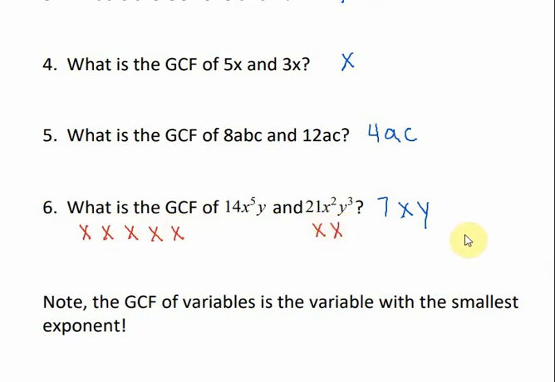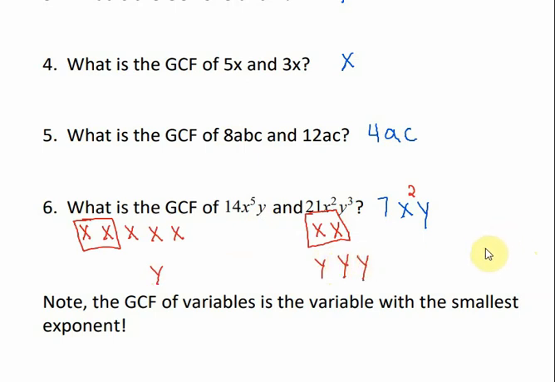Okay, so then how many do they have in common? Well, we can say that this one has 2 and this one has 2. They don't both have 5 in common because this one only has 2. So x squared would be what they have in common. And then for the y's, this has 1 y and this has 3 y's.